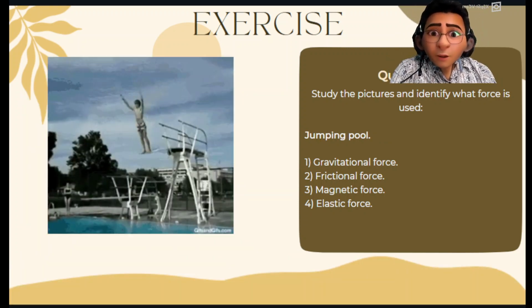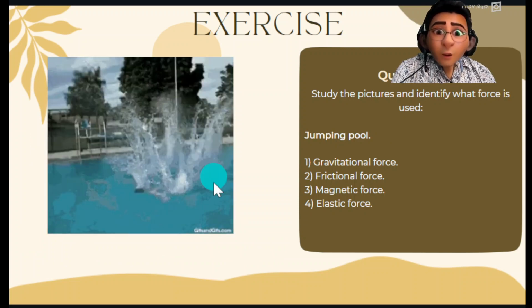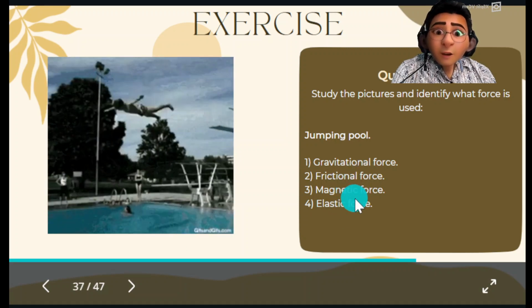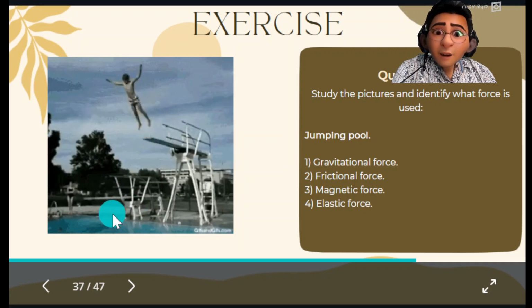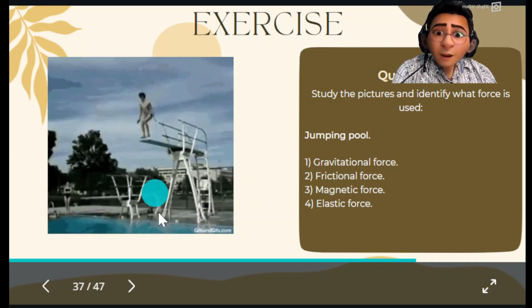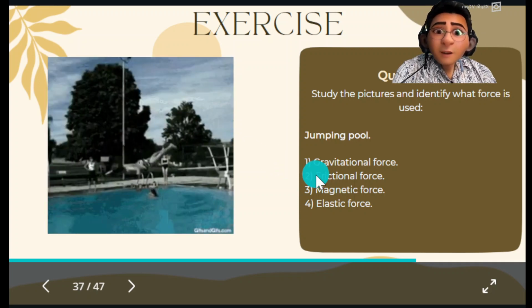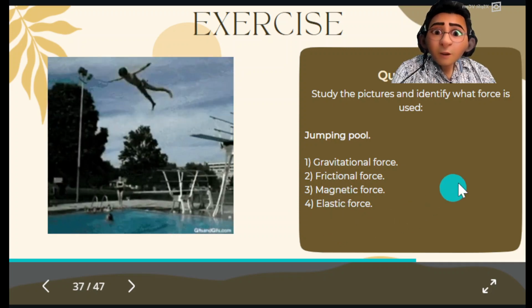Question number 2. Jumping into a pool. Is it 1, 2, 3 gravitational, frictional, magnetic, or elastic? Here jumping here, this one. Is it 1, 2, 3, or 4 gravitational, frictional, magnetic, or elastic?